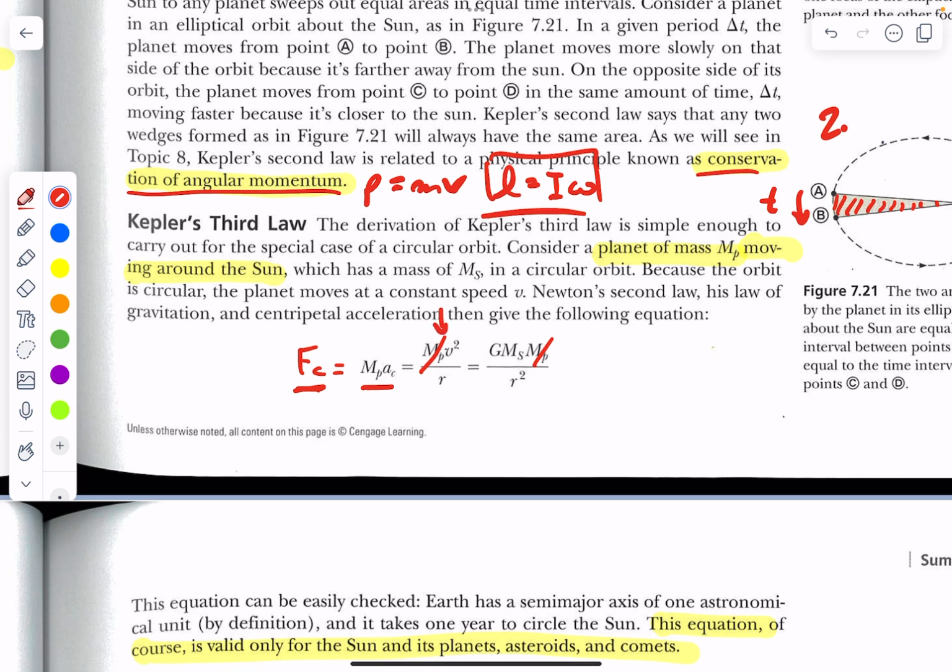Remember, we derived these equations in an earlier screencast as well as earlier in the chapter. And if we cancel out the mass of the planet, you can see that we get this right here, v squared over r equals the gravitational constant times the mass of the sun over r squared.